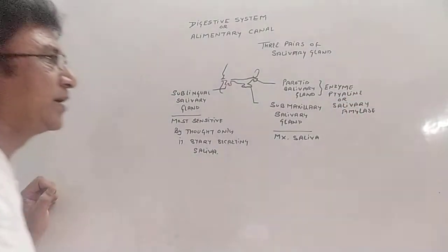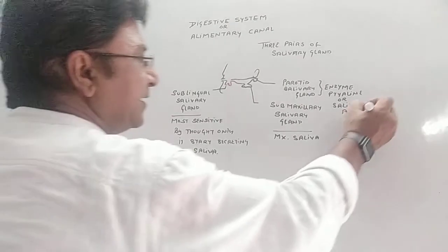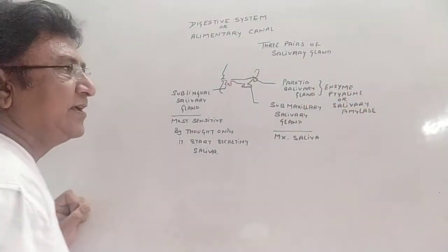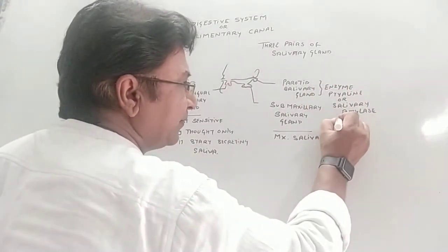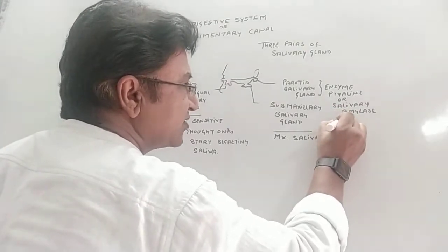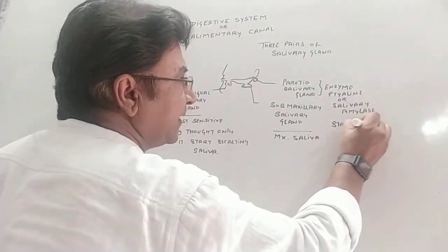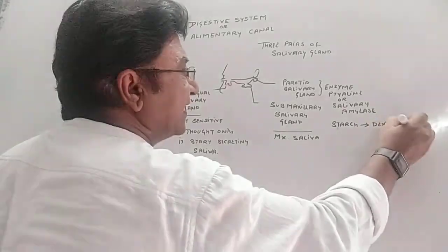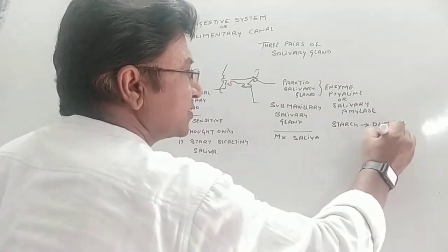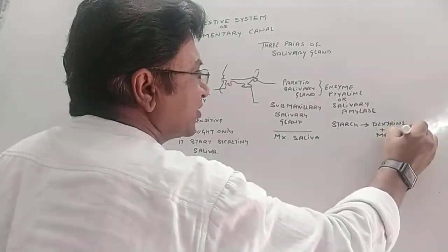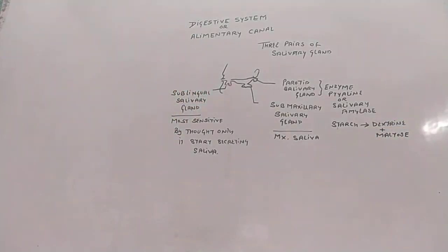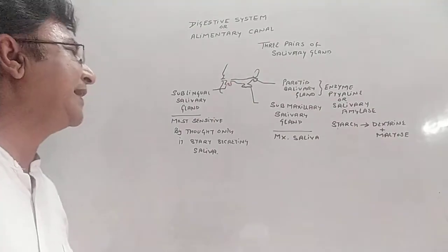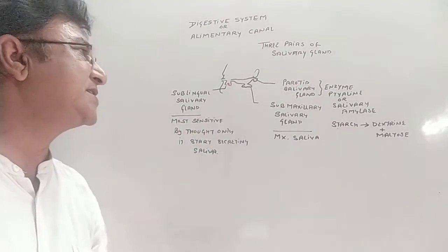Remember that. It is the salivary amylase which breaks the starch into dextrin plus maltose. Both are sugars. Okay, so these are the three glands, their position and their basic secretion.